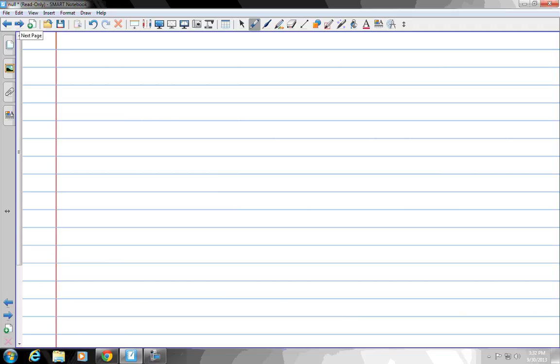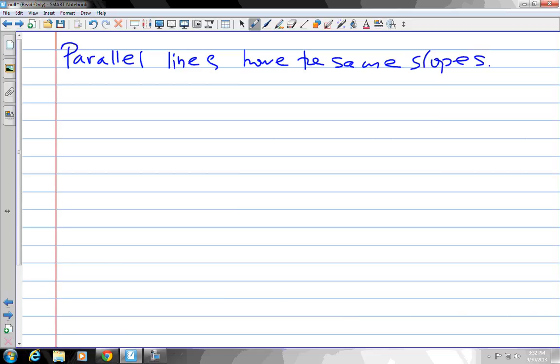So I think we've mentioned that last time, but what do we know about the parallel lines and their slopes? Right. So parallel lines have the same slopes. Okay?